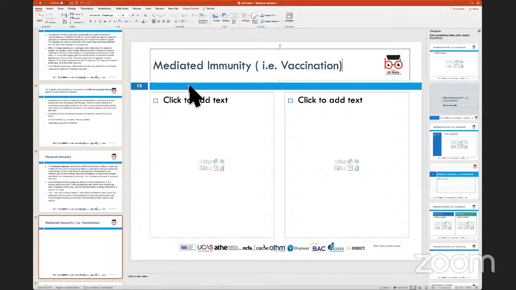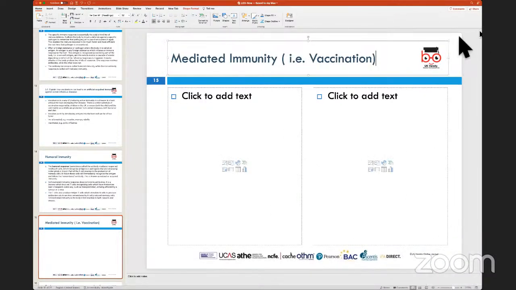These memory cells will remember what kind of pathogen actually causes this infection. And if the human body comes in contact with that pathogen, the memory cells get activated and start producing the B cells and the T cells to fight the infection in the body.